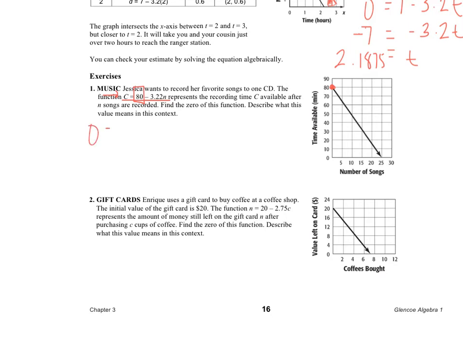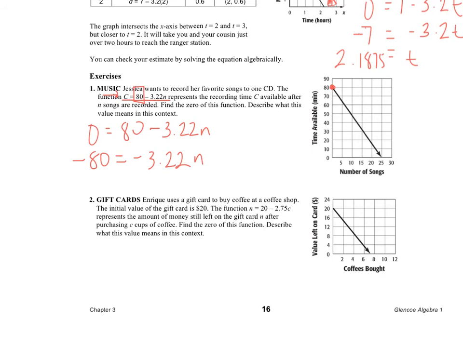So 0 equals 80 minus 3.22n. Same thing here, let's move 80 over to the other side. So we'll subtract 80. 0 minus 80 is just negative 80, and then we've got the n there. How would we solve this equation?